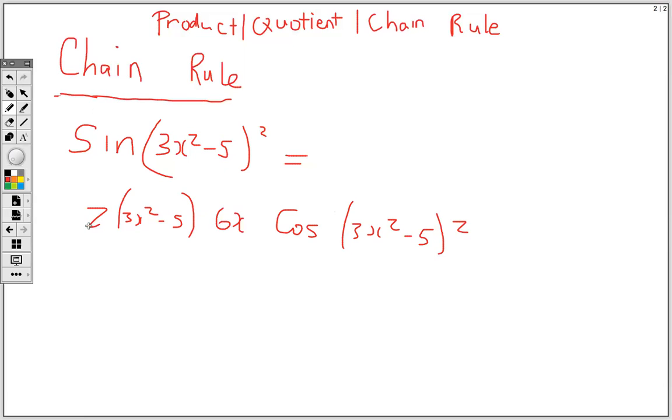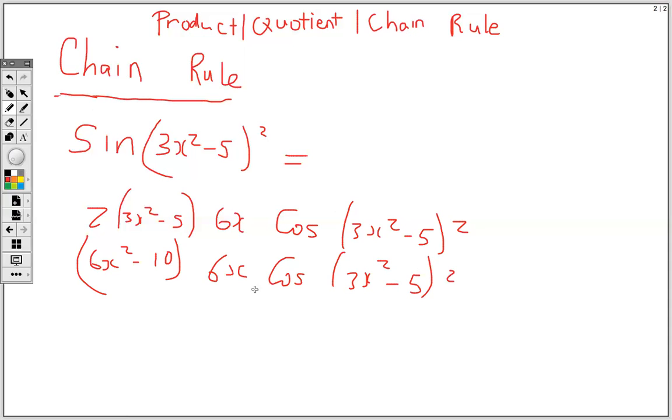So multiplying these, 2 times 3 is 6x squared minus 2 times 5 is 10. Then we have a 6x cos 3x squared minus 5 all squared.